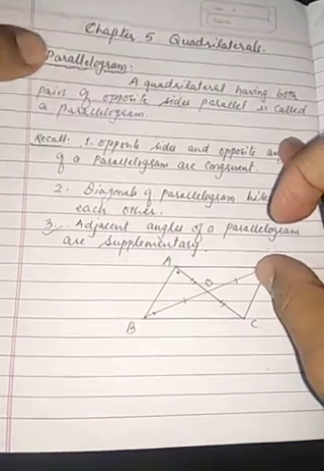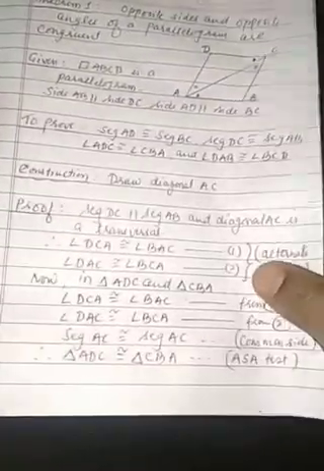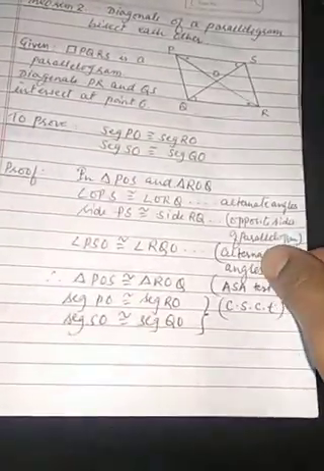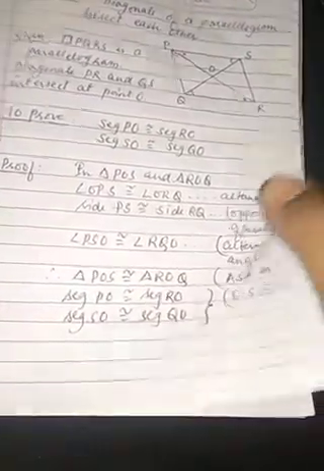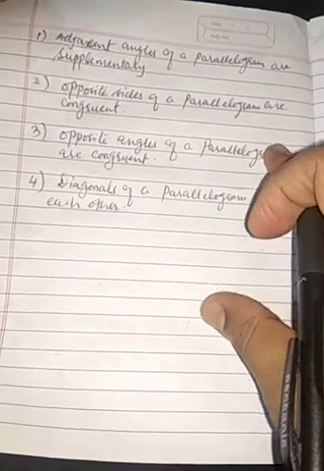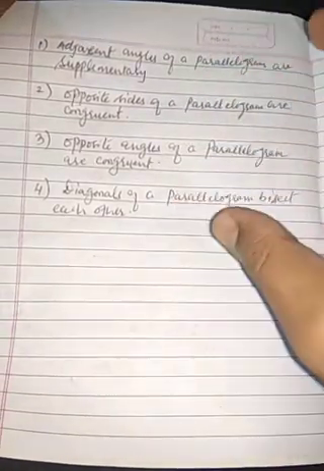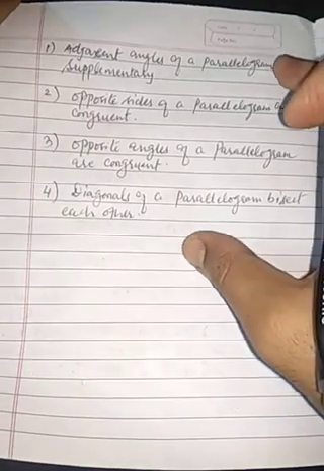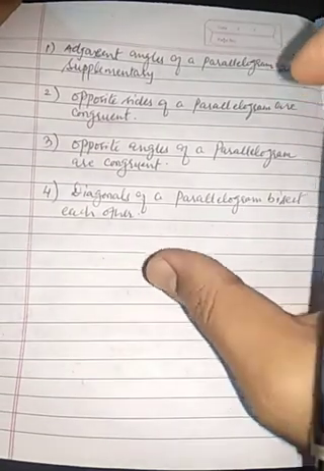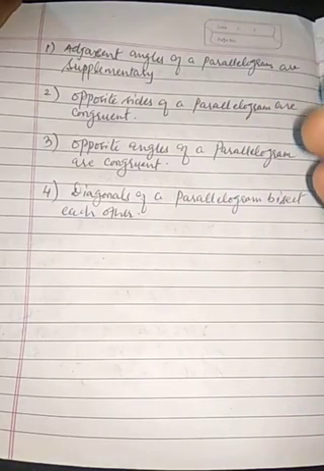Whatever we have done today as theorem and property, please write down and practice it well, because theorems are the important part of geometry. Along with that, you have to write and learn four properties. We are going to use these four properties in the next video when we solve practice set 5.1.